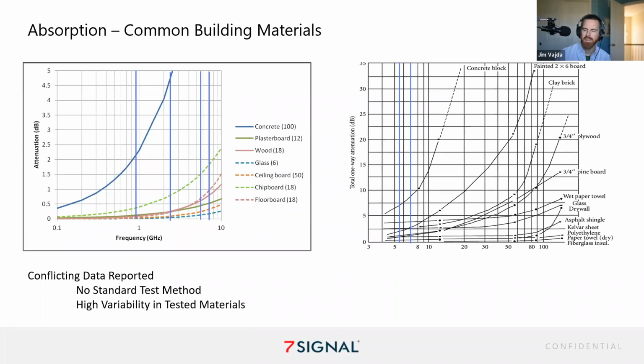And so I think it's important to measure the stuff that you're working with. Glass as well. I've done Wi-Fi in buildings with solar tinting in the glass to reflect UV energy for energy savings, and some of that stuff, you could have 30 dB of attenuation from that, which is really remarkable.